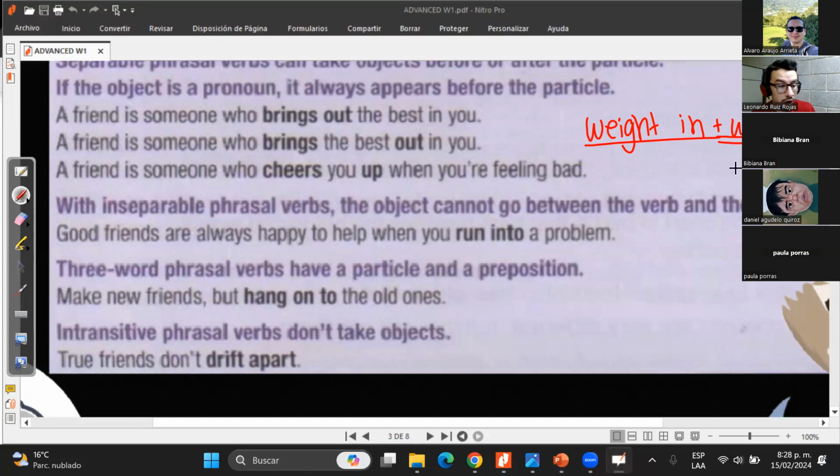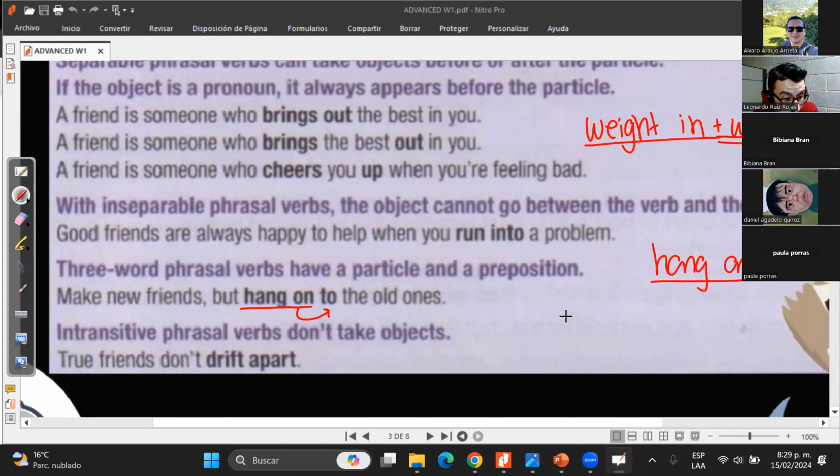Weigh in with. Lo mismo, por ejemplo, tenemos hang on. Hang on, it means mantenerse o esperar, ¿cierto? But I can put together hang on to, y ya va a ser como mantenerse con o, how did you say that? Adherirse, no, ay, my God. How do you say that? Aferrarse a. Yes, you know, aferrarse a.